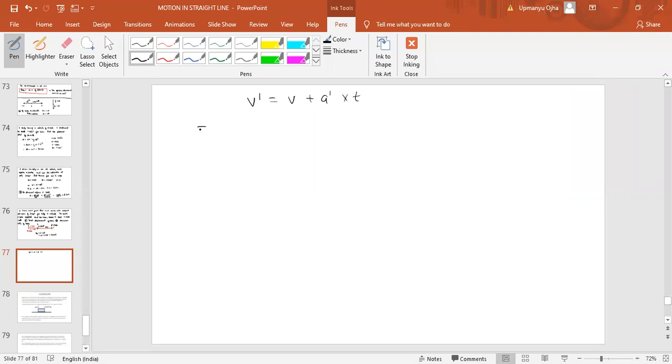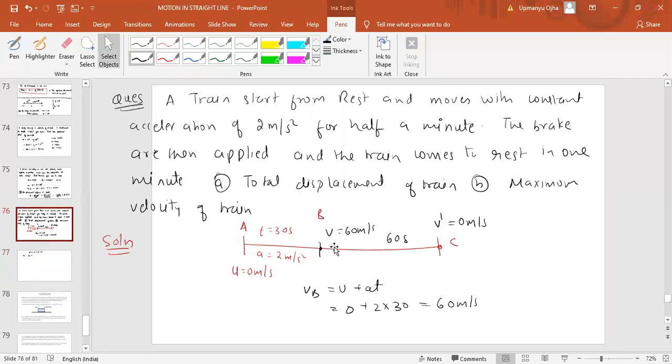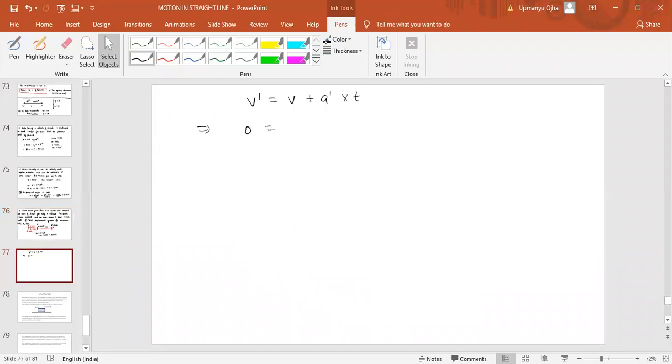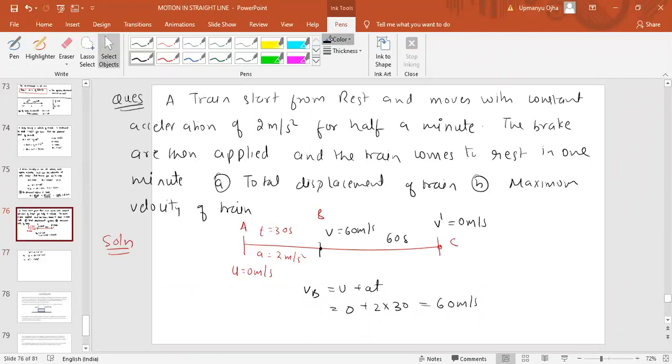Final velocity 0, and when you are applying the equation of motion from B to C, initial velocity becomes 60 meter per second. So it should be 0 equals 60 plus a' into 60, means a' will come as minus 1 meter per second square. So why is it coming minus? Because it is decelerating or retarding. So we got the deceleration of the train, that is equal to minus 1 meter per second square.